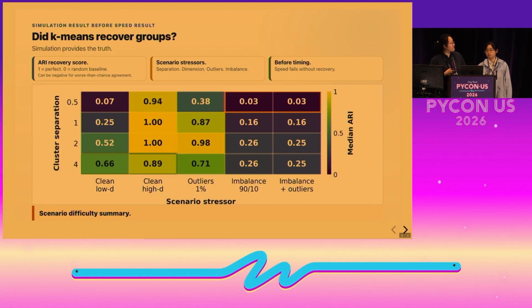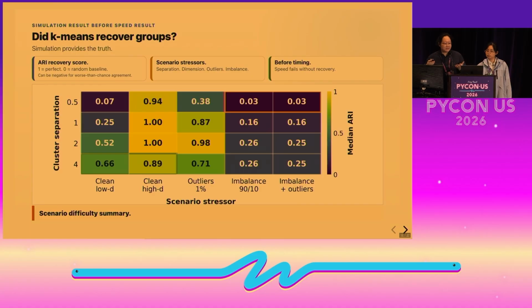So before optimizing our code, we must ask: did k-means really recover the true clusters? Therefore, we need to validate the method first. In our simulation, we use the ARI, the adjusted Rand index, as a recovery score, where 1 indicates perfect recovery and 0 indicates a random baseline.